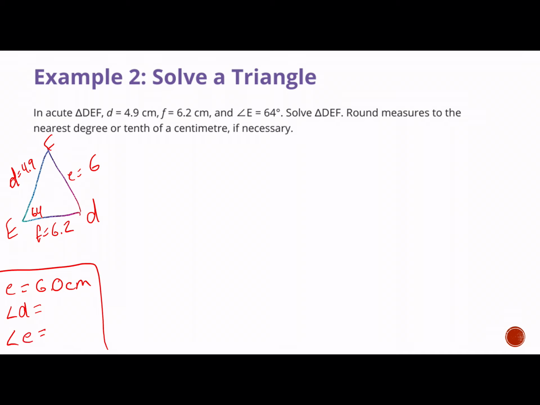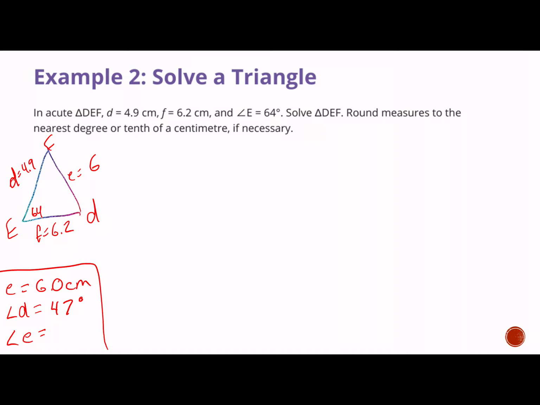All right, so we were almost finished D, and we just figured out that it was 47.22, so it ends up being 47 degrees. So then we need to find angle, what are we missing?